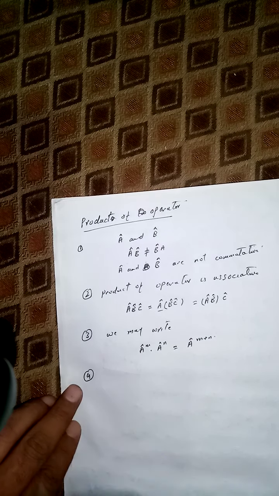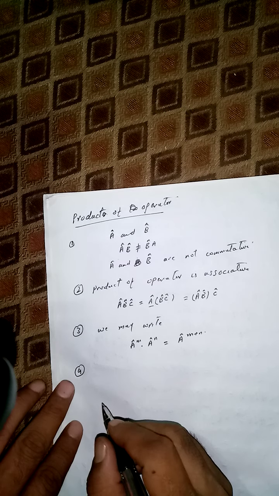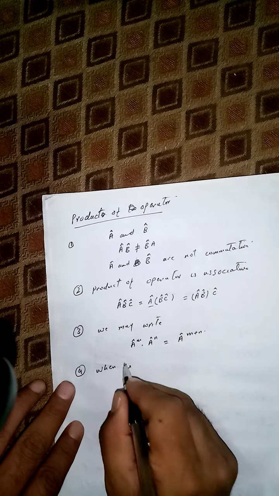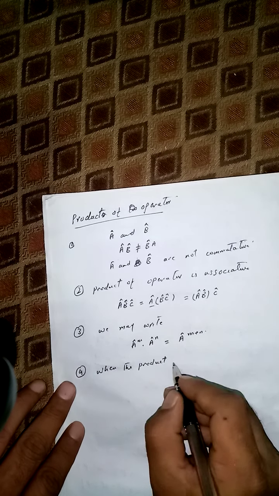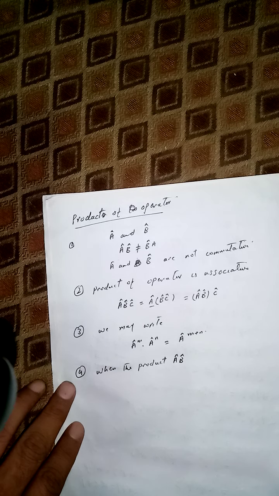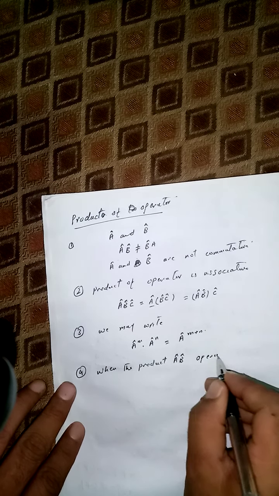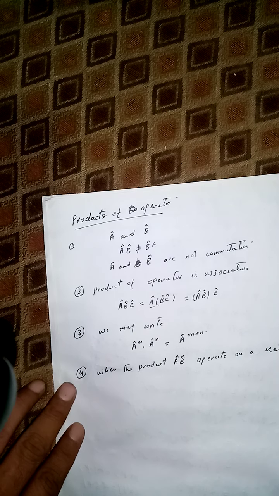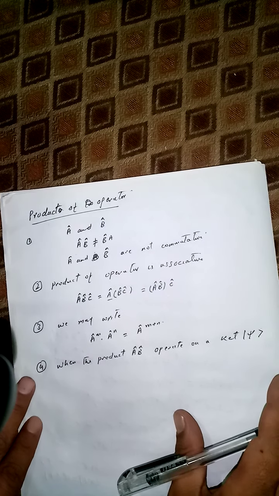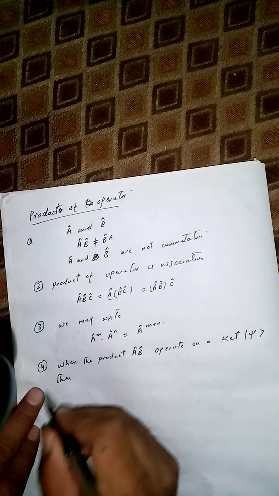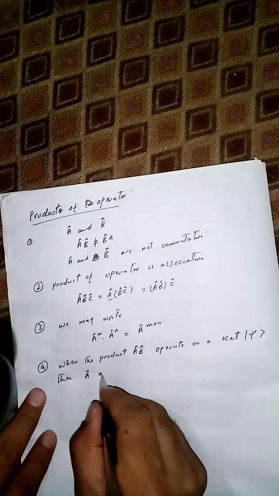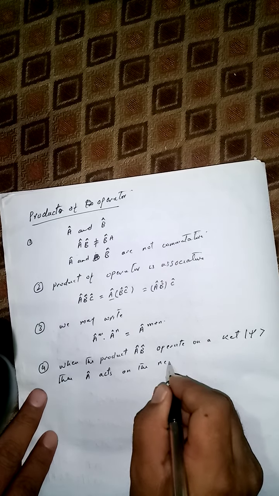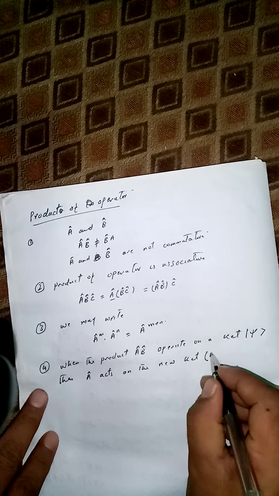The fourth property is, when the product of two operators A and B, AB, operates on a ket, say psi, then A will act on the new ket B of psi.